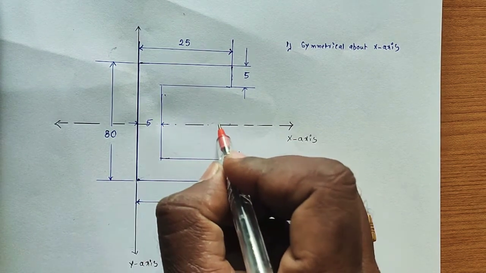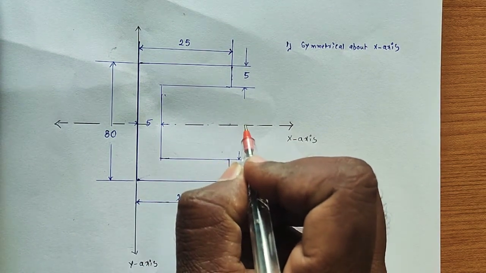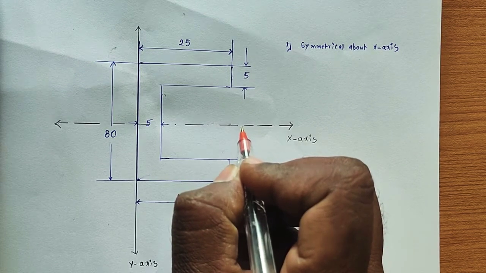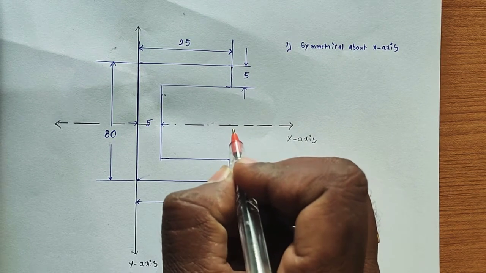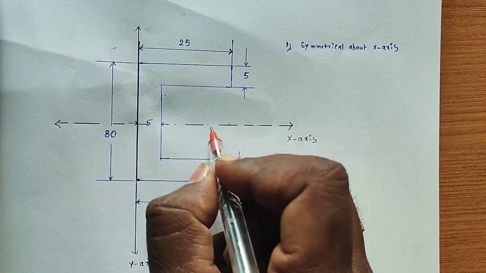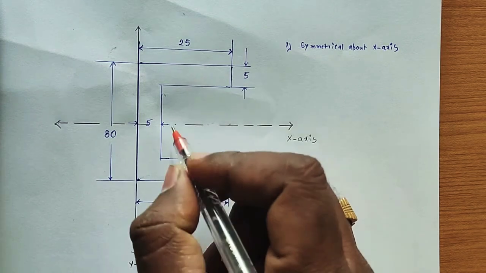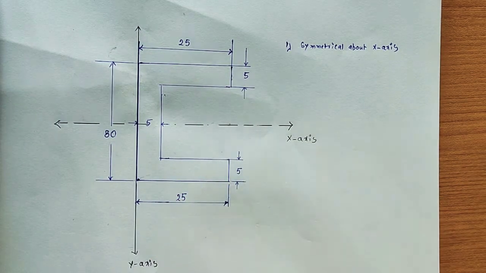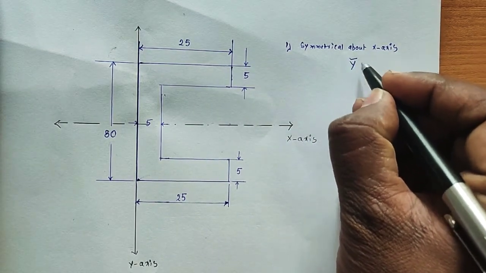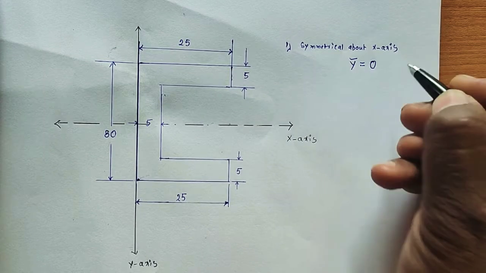So we don't know the exact location of the centroid, but we know that the centroid exists on this x-axis because this section is symmetrical about the x-axis. So that's why we can directly say y bar is 0.